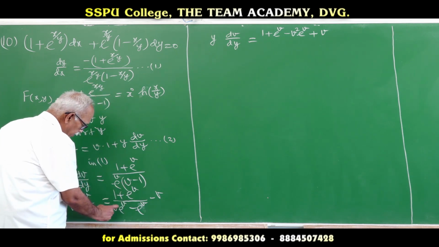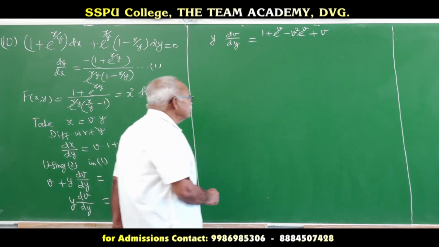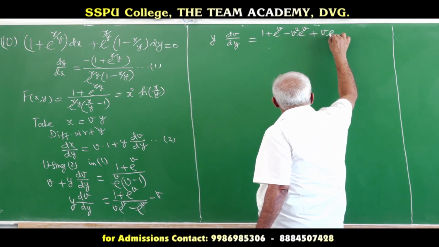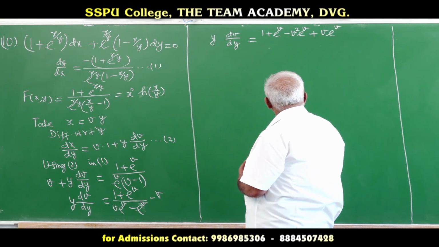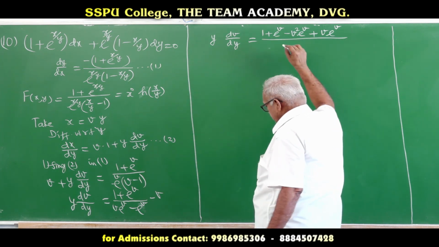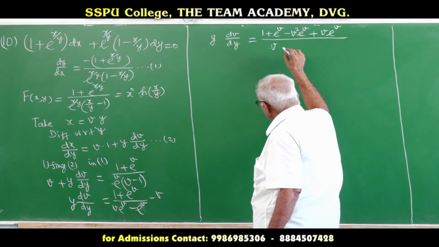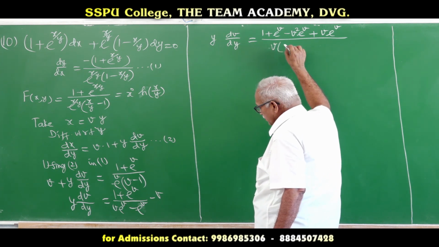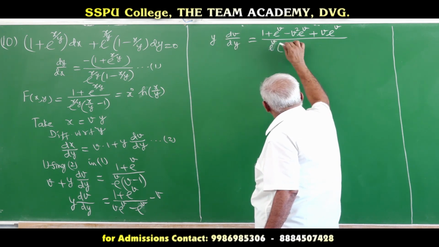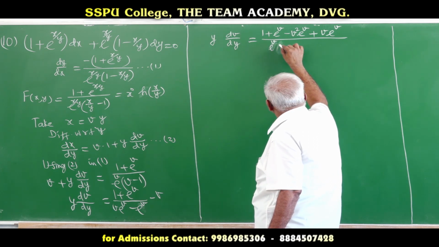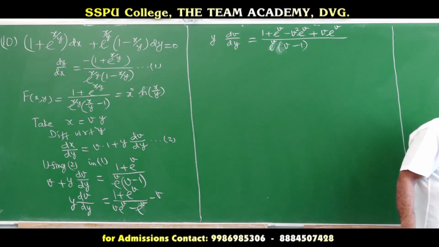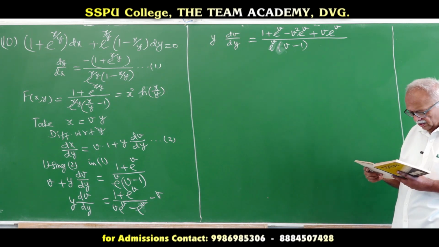So, when you multiply this, v into e power v minus e power v, so minus e power v, this will be plus v into e power v, all divided by e power v into v minus 1. This is the simplification.